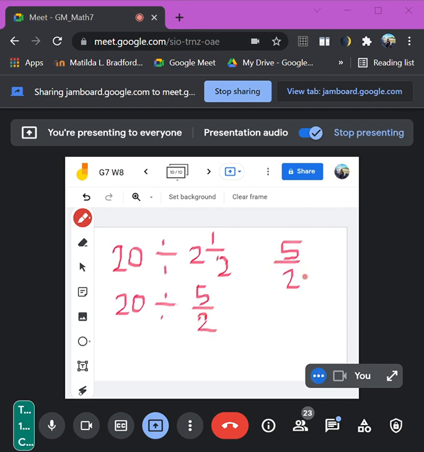Nasabtan, class? Asa gikan ang 5 over 2? Gi-change ra nato ang atoang mixed number into improper. Multiply 2 times 2 and then plus 1. 2 times 2, 4 plus 1, 5, copy denominator 2. And then, i-apply na nato ang giingon ganina.